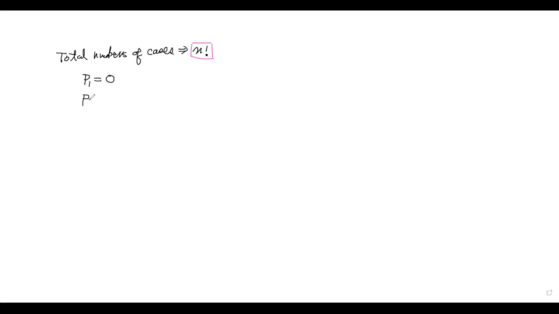For P2, that means I only have 2 people come to the party, for example A and B. In order for P2, both people have to pick up the wrong hat.